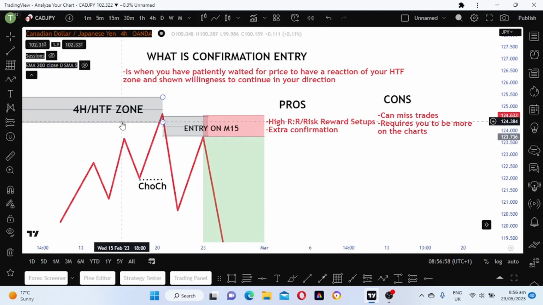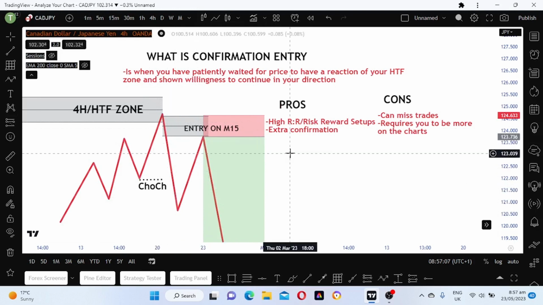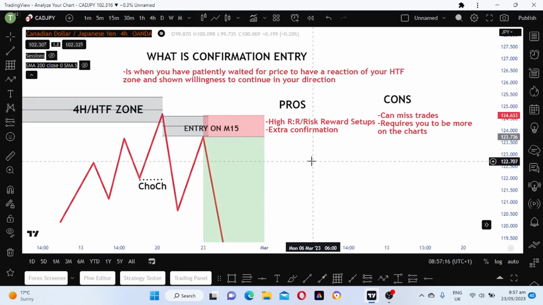You got the first confirmation in a higher time frame, and now this one is another confirmation. That's the good thing about a confirmation entry. So if you are a forex beginner, I suggest you wait for a confirmation entry.